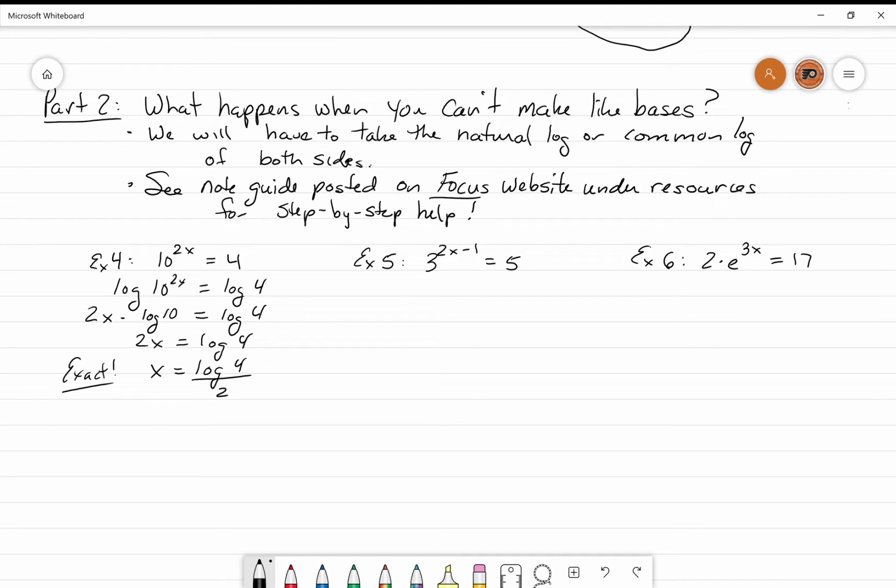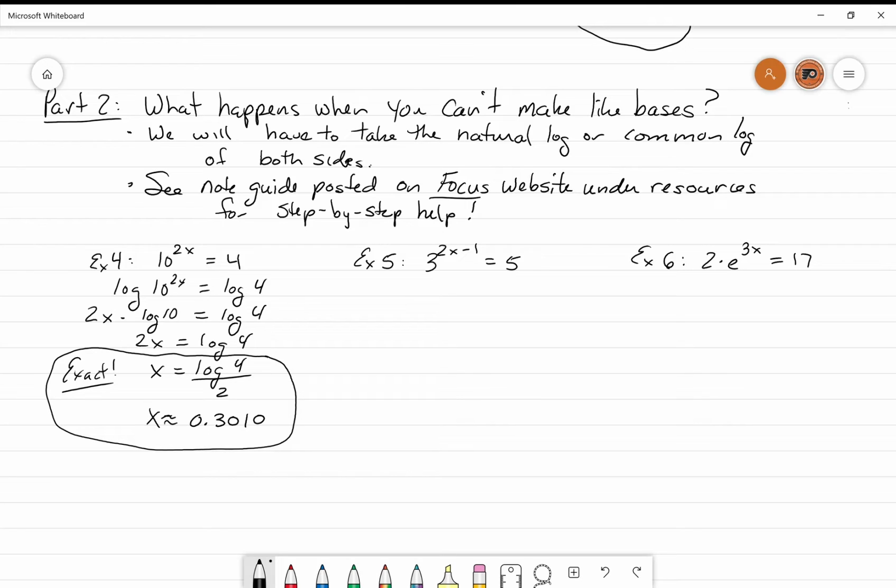And if you take your calculator and type it in, take log of 4 and divide that by 2, we get our approximate answer of 0.3010 if I round to 4 places. So round to 4 places. Best answer is the top one. That's what we'll be looking for, and then change it to an approximate.